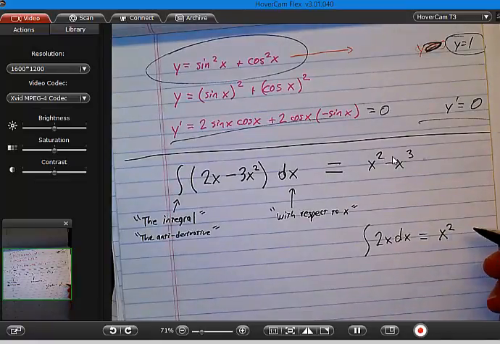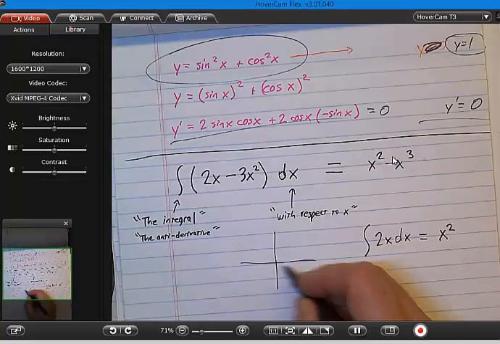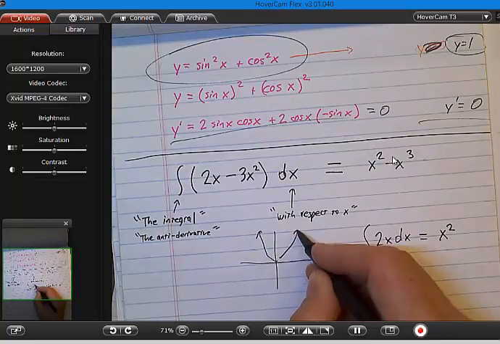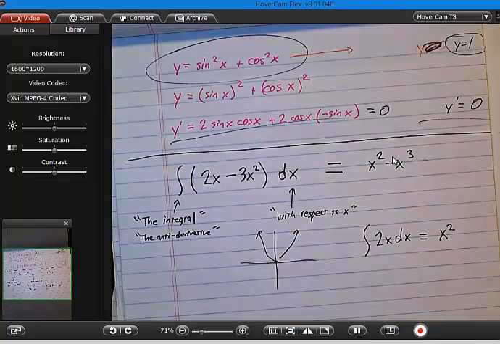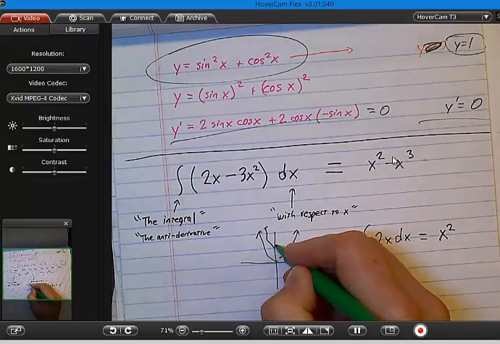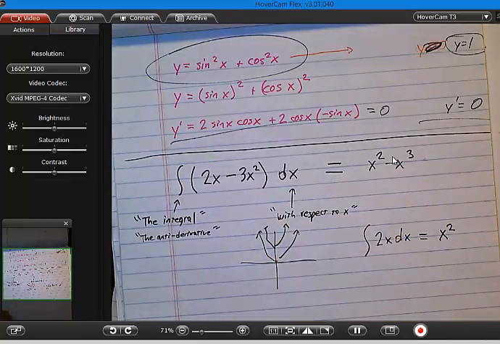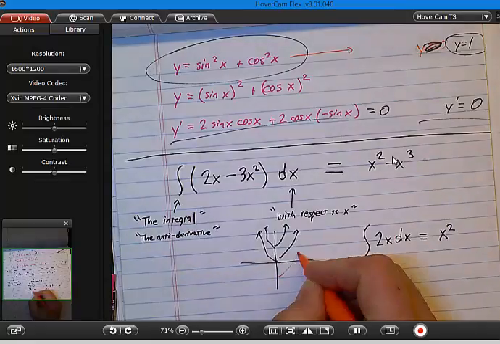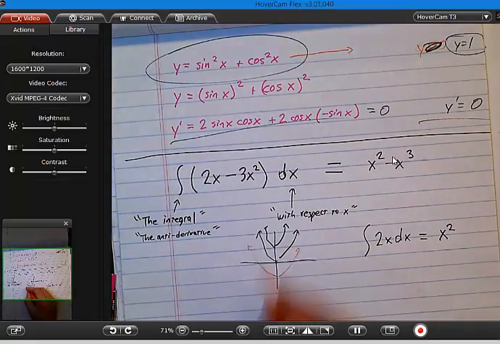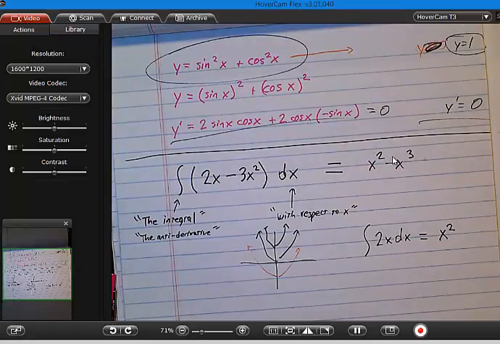But what Joe is claiming is, okay, you might have this parabola, but maybe you have one that's shifted up, or you have one that's shifted down. And how many are there? There's infinitely many of them, but he claims that for the derivatives to match up, you're just shifting vertically.